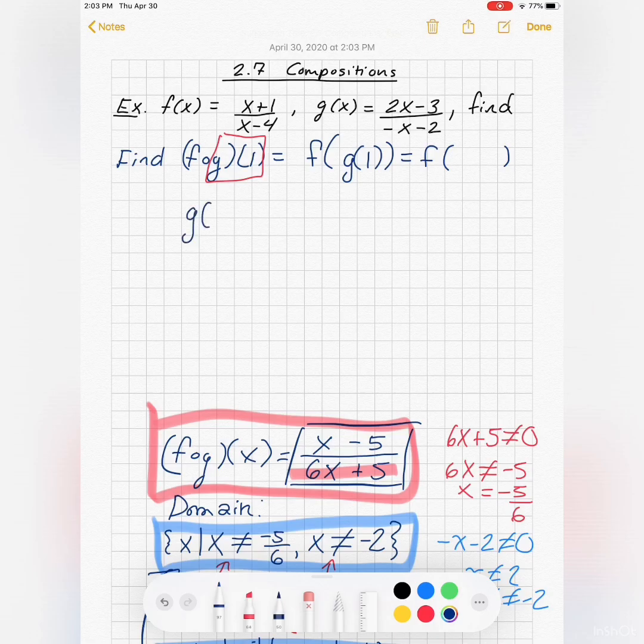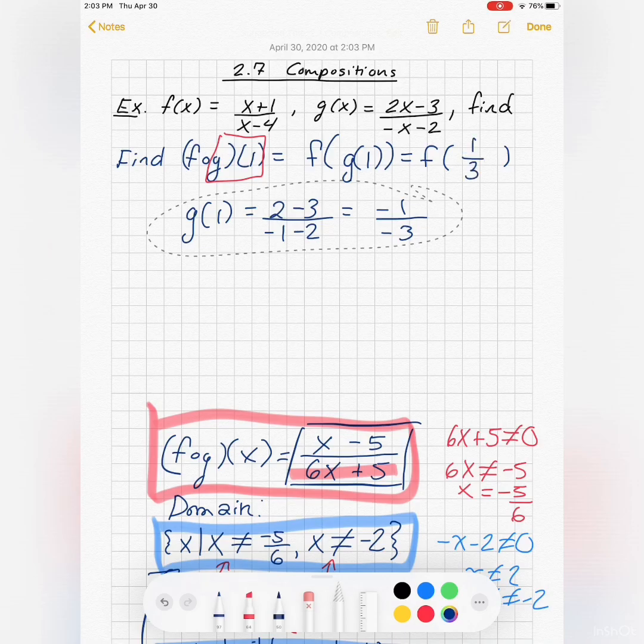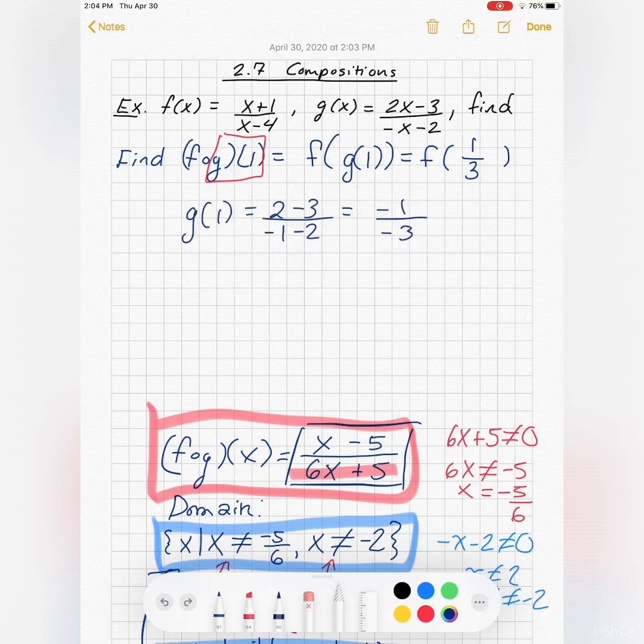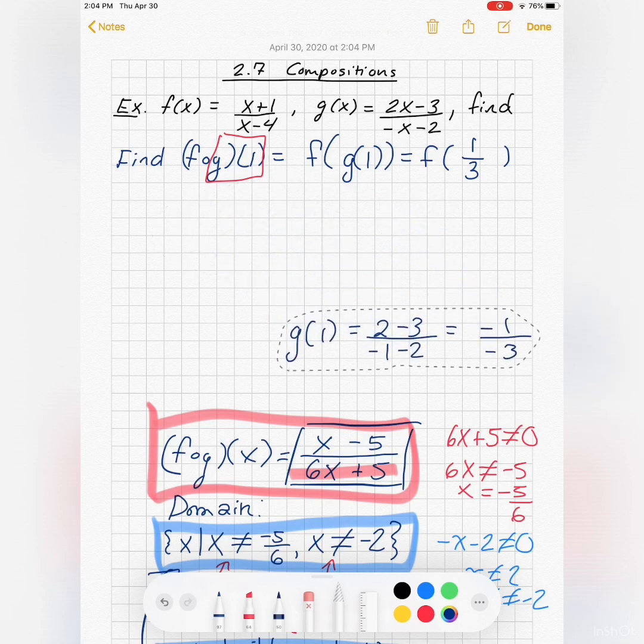Okay, so what's g of 1? That'd be 2 times 1 minus 3 over negative 1 minus 2, negative 1 over negative 3. Now I have to find f of 1/3. Trying to move this down, see if that works. Okay, so now I have to take this result and plug this into the f function.